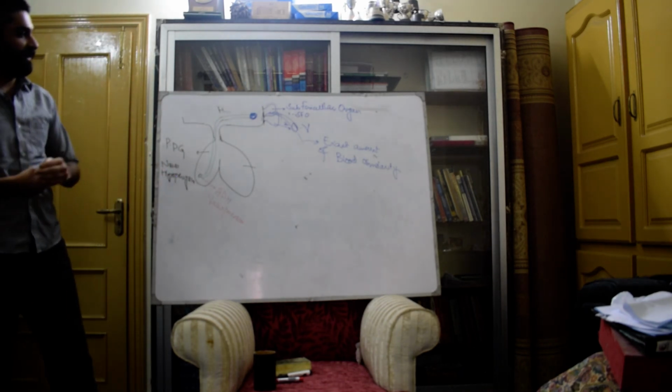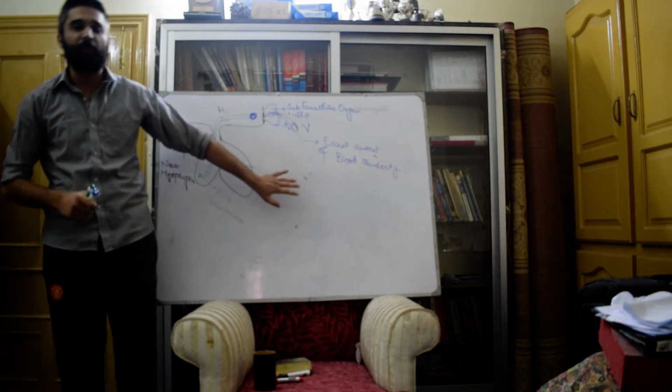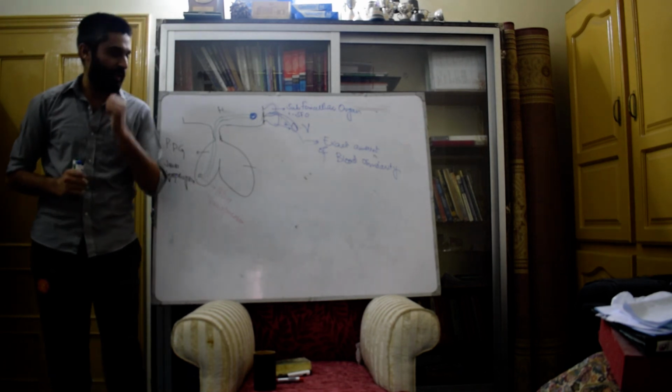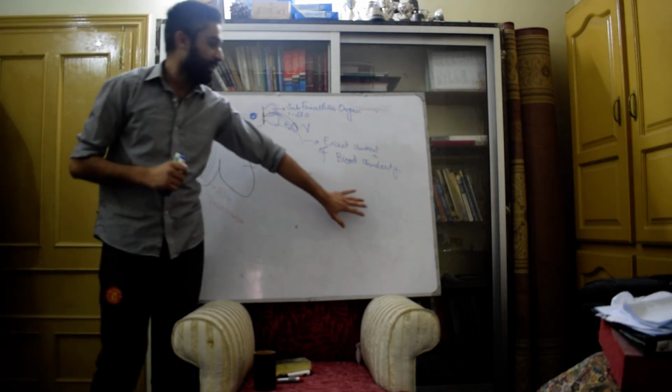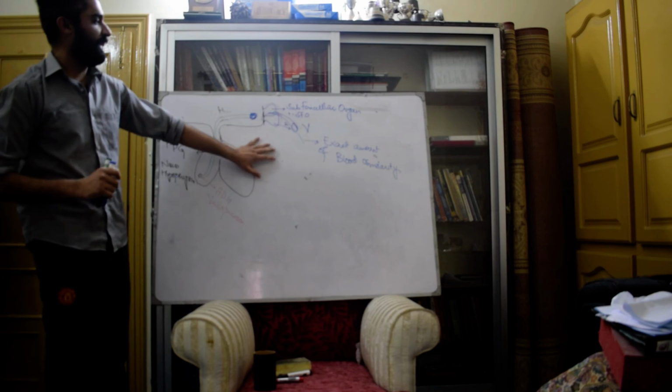So the signals come from two very important stimuli: if the blood pressure is lower than 120 mm of Hg, or if the blood osmolarity is higher than 290 milliosmol per liter, which we have already discussed.